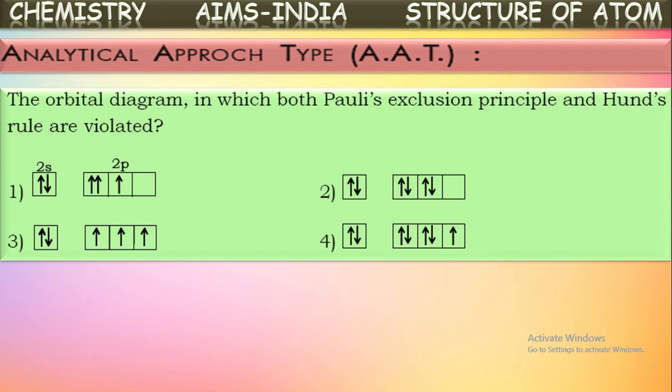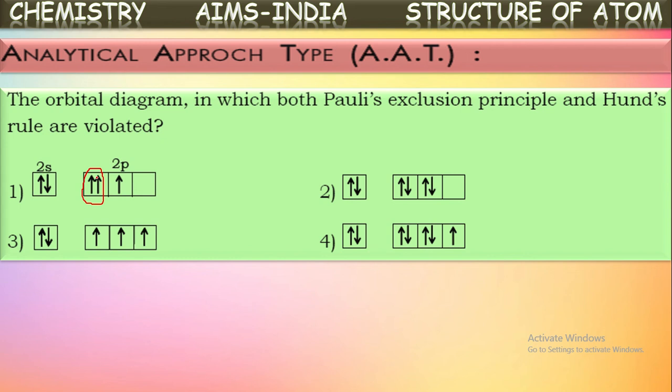Now let us observe the configurations where these two principles are violated. See the first one, 2s 2p. 2s is completely filled and 2p is occupied. But if you observe here, there are two electrons in the first 2p orbital, both with the same spin. If we write quantum numbers for these two electrons, all four quantum numbers will be the same, because they are in the same orbital and have the same spin.